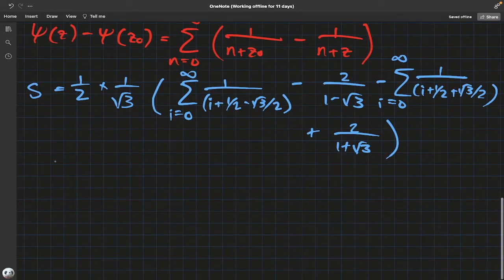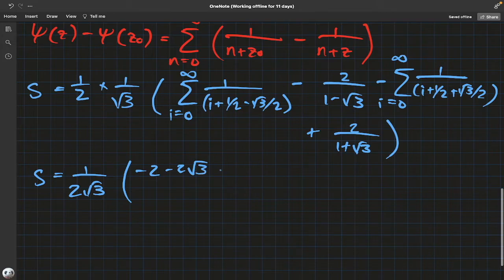And now, well, just work with these terms. You see some stuff is going to cancel off if you take a common denominator here. So 1 minus 3 squared, root 3 squared is a negative 2.